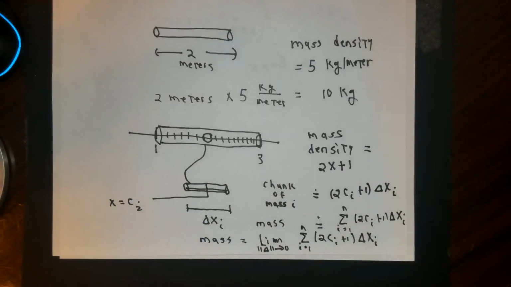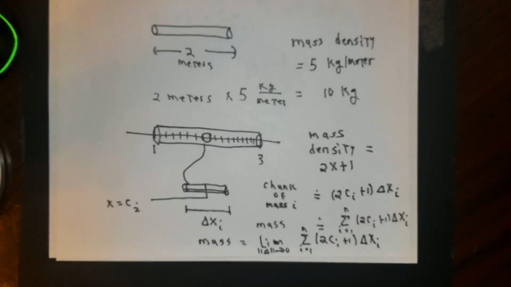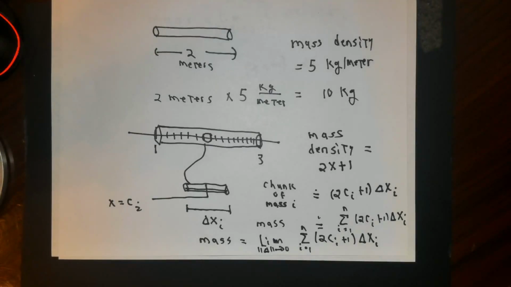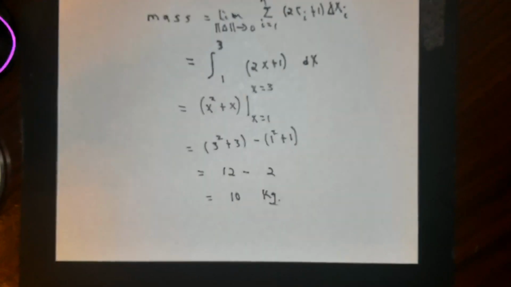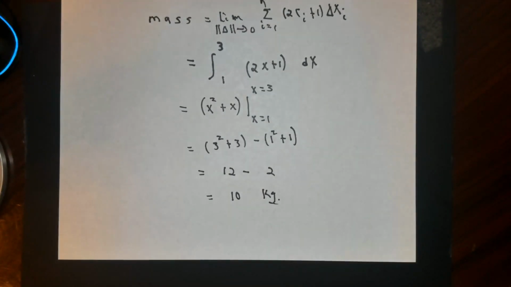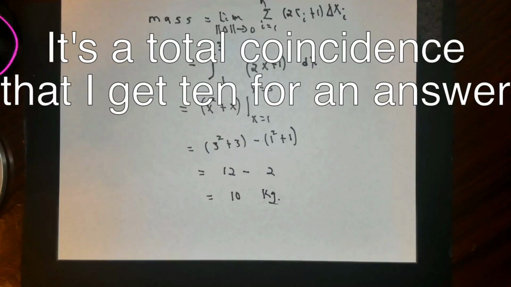An antiderivative will be x squared plus x, and I must evaluate that between x equals 1 and x equals 3, because those are the smallest and largest relevant x values. Assuming that I've done my calculations correctly, the mass in this case works out to be 10 kilograms.